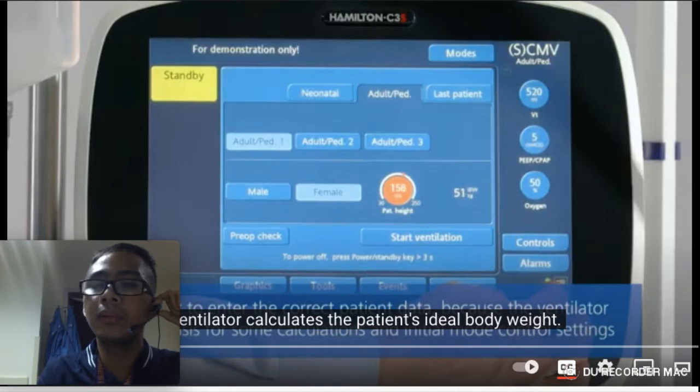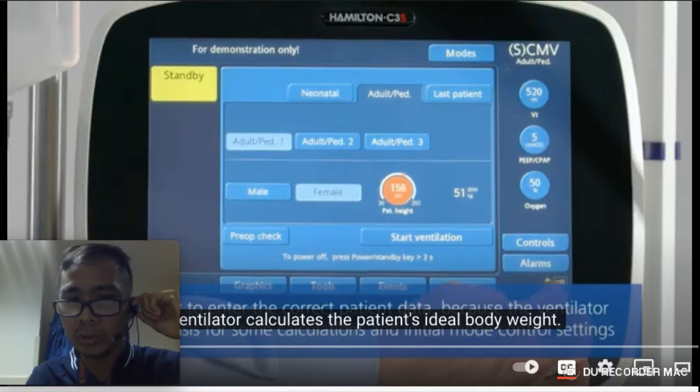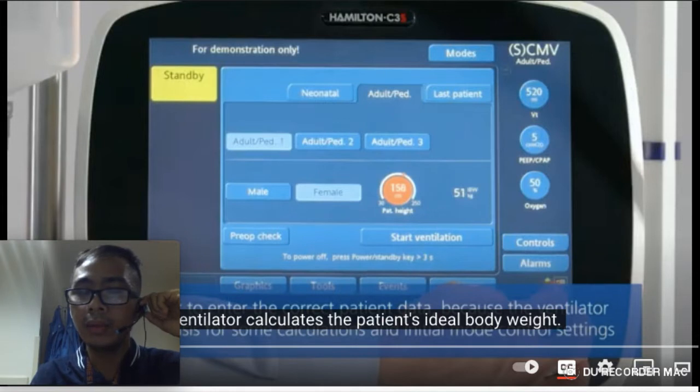In the demo video of this Hamilton, you notice that you enter the height. The height is part of the equation, as you noticed in the early lesson on ventilator management: once we compute the ideal body weight of the female or the male, we convert the height into inches.